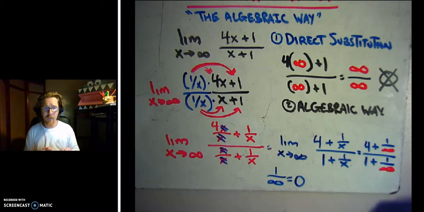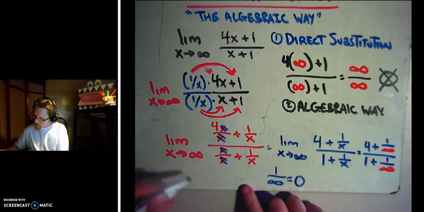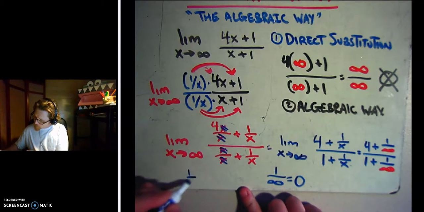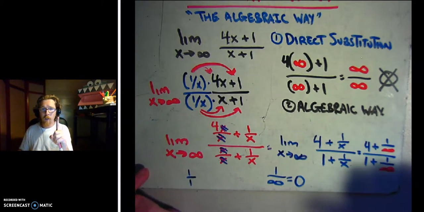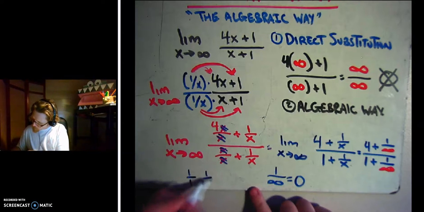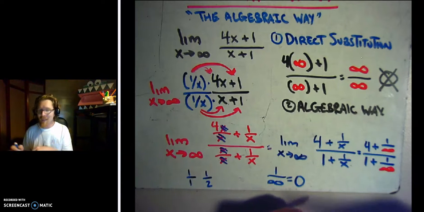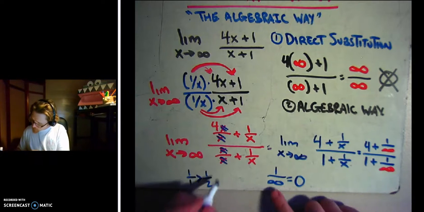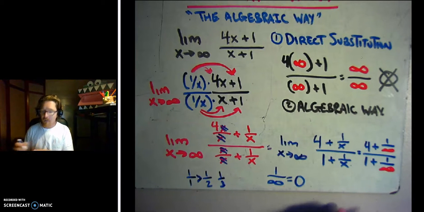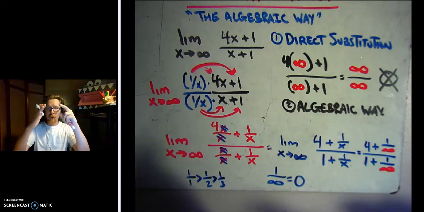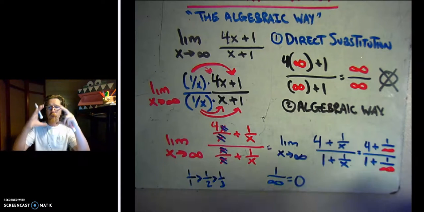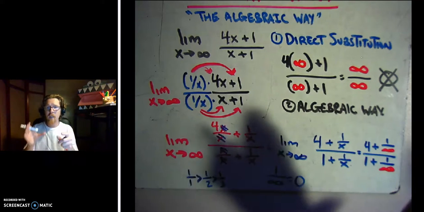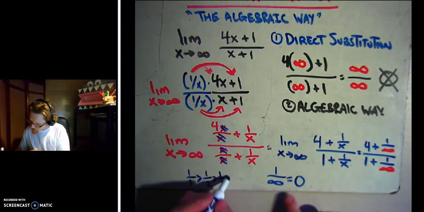I want you to think about infinity in your denominator. Let's think about these numbers. 1 over 1 is 1. But 1 over 2 is less than 1 over 1. That's a half. And then 1 over 3 is even less than 1 over 2. Like if you have a circle and you cut it into 2 pieces, or you cut it into 3 pieces, those pieces start to get smaller and smaller.